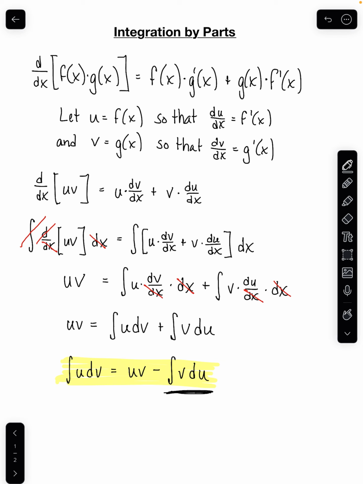The idea here is that when we wish to use this for an integral of the form u dv, we're going to have to identify the two parts of it as u and dv.